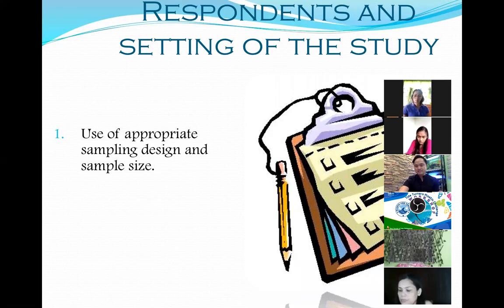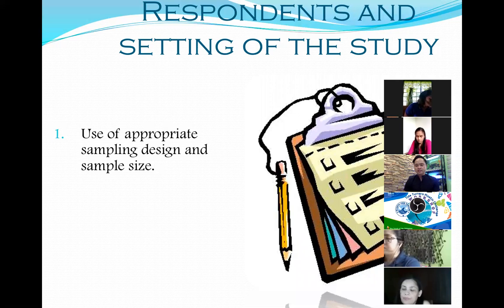Sir Nuki, I have a question regarding po dun sa design, sir. Maikli lang. Sir, if the research is experimental, allowed po ba ang isang school lang? I am very sorry, but during this time of pandemic, experimental research is definitely a big no-no.